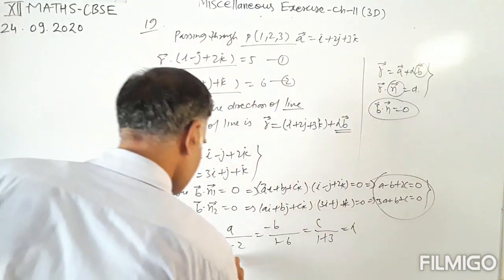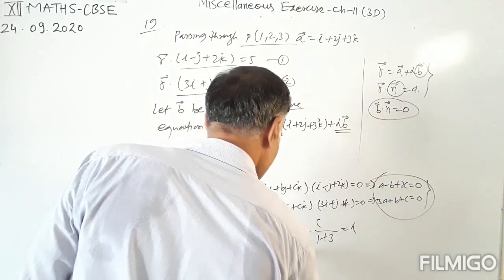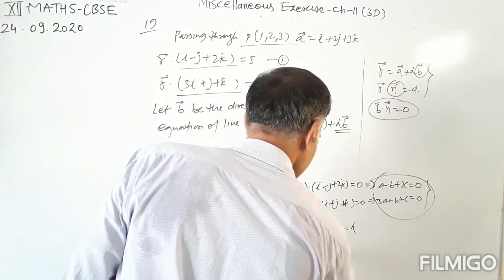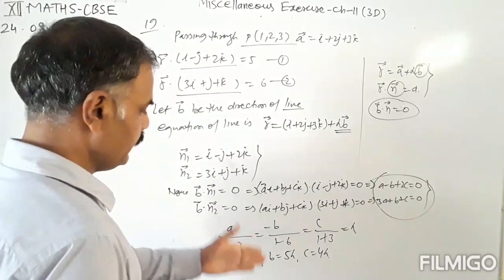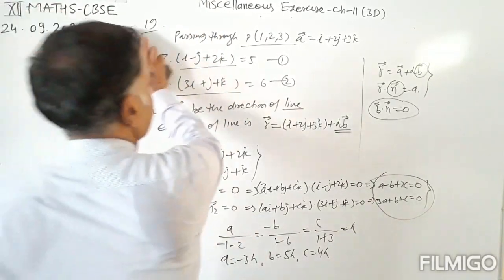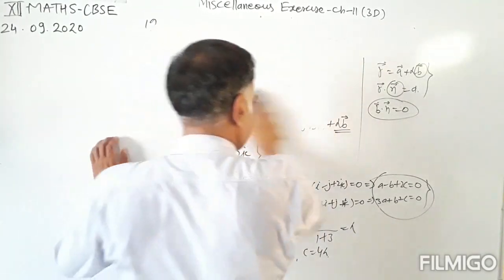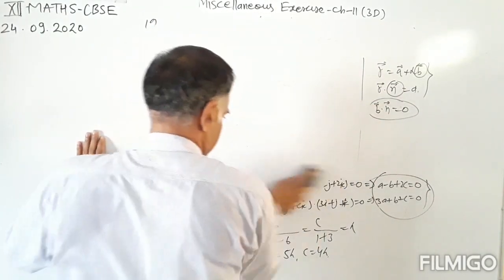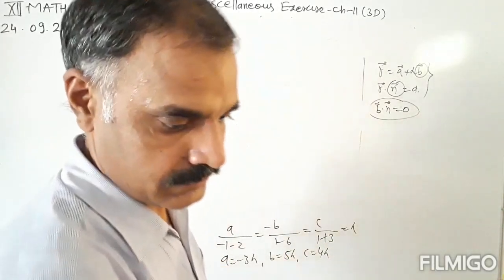So a equals minus 3 lambda, b equals 5 lambda, c equals 4 lambda. Putting these a, b, c in b vector, we have the equation of the line.